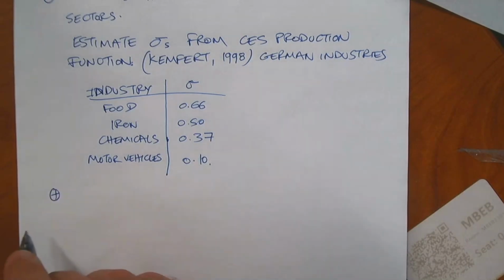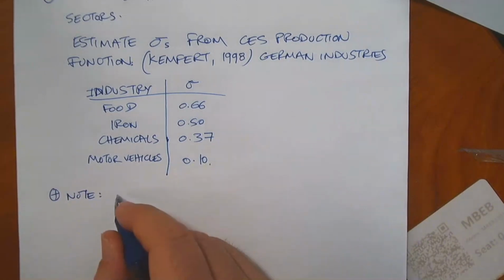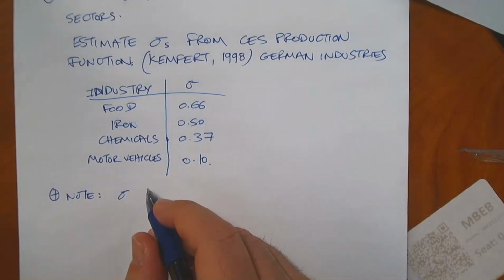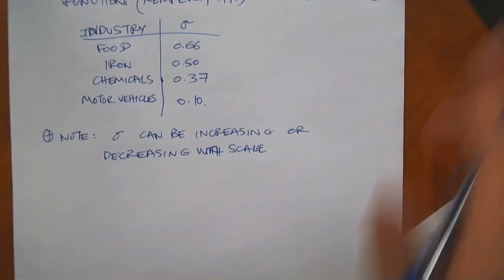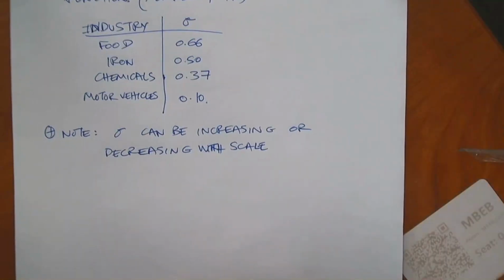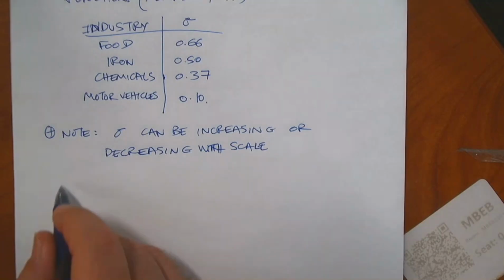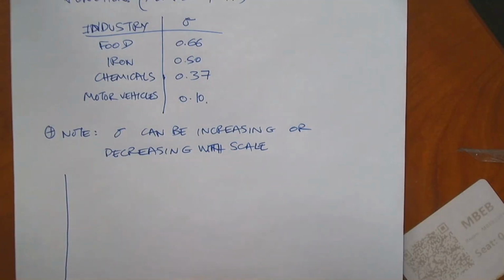A last note on elasticity of substitution. Note here, sigma can be increasing or decreasing with scale. So I'm going to draw this. What we're talking about is the curvature of the isoquants. The curvature of the isoquants could be increasing or decreasing as you're adding to production or removing portions of production, right? So you could have in this picture over here, sigma decreasing with scale.